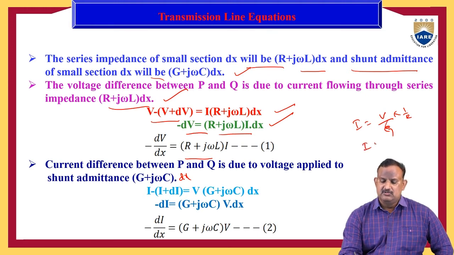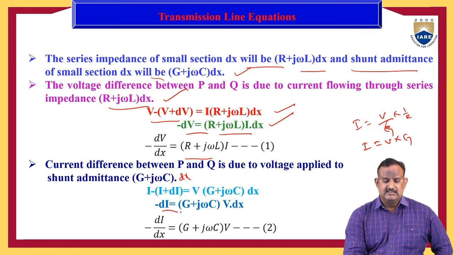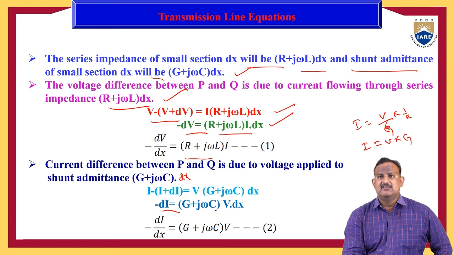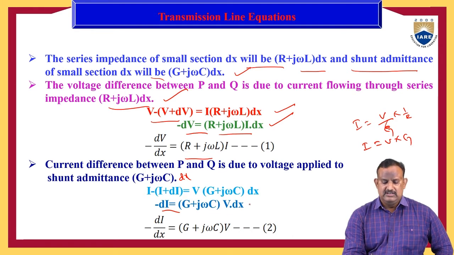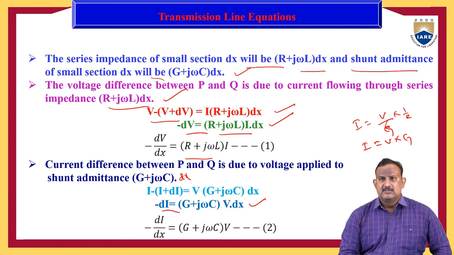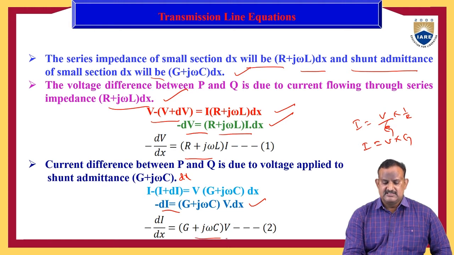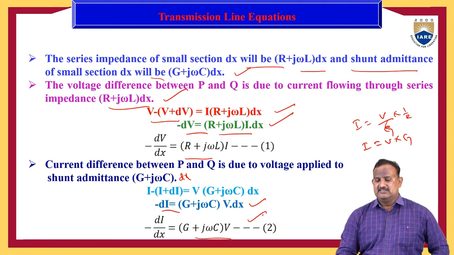Therefore I is equal to V into G, where G is the conductance. Therefore I cancels, and minus dI is equal to G plus j omega C into V into dx. Dividing by dx, minus dI by dx equal to G plus j omega C into V.